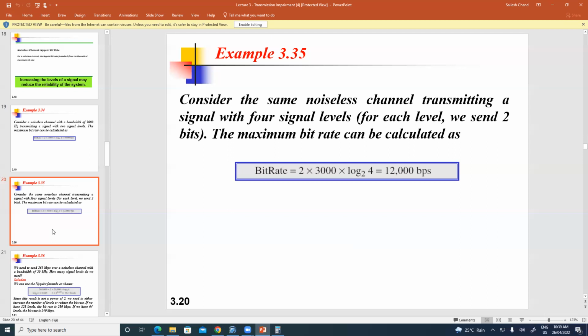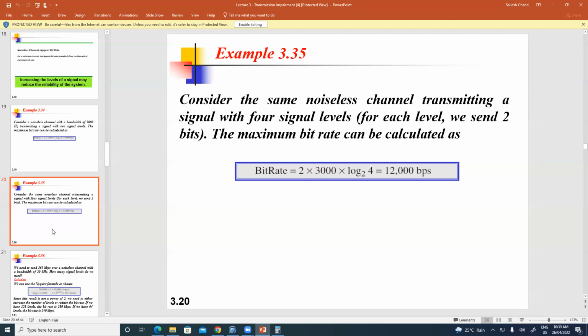again, the same formula. 2 times 3000 times log with the base 2 and 4 signals. So 6000 times log.